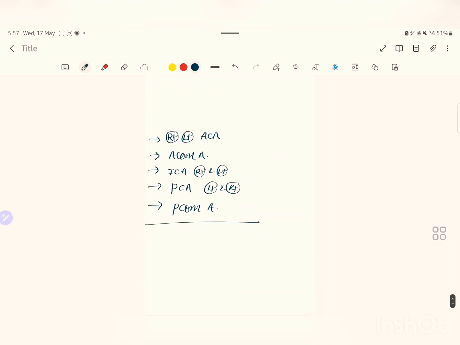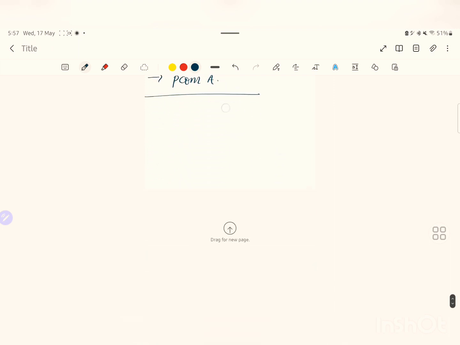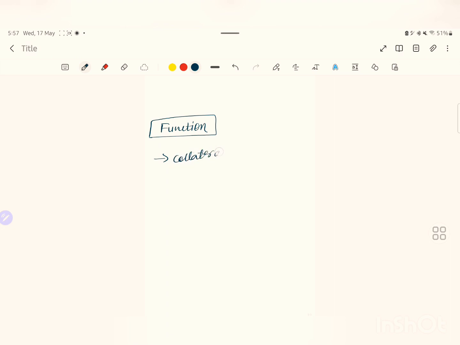Now we will see the importance of the circle of Willis. What is the importance of circle of Willis in our body? It creates the collateral circulation. What is meant by collateral circulation? If one path of the circulation is blocked, it will supply the brain through another path, that is collateral path.